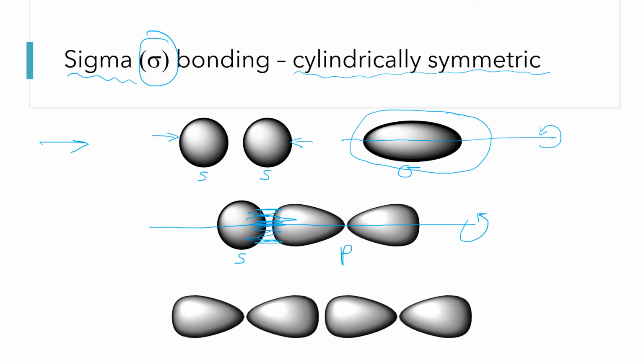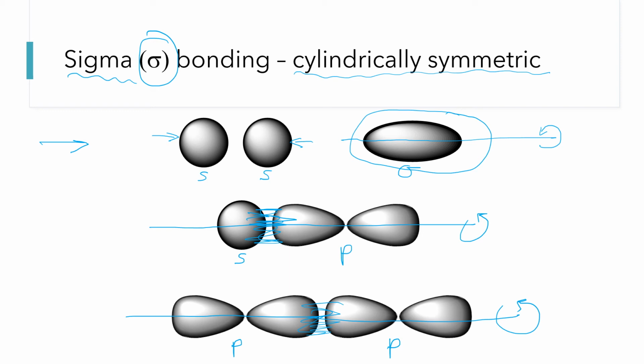The other possibility is that a p orbital on one atom overlaps with a p orbital on another atom, and they overlap head to head. That also would be cylindrically symmetric, and if you look at the rotation about there, it's the same no matter what angle we're at. So these are three different ways that we could end up with a sigma bond.